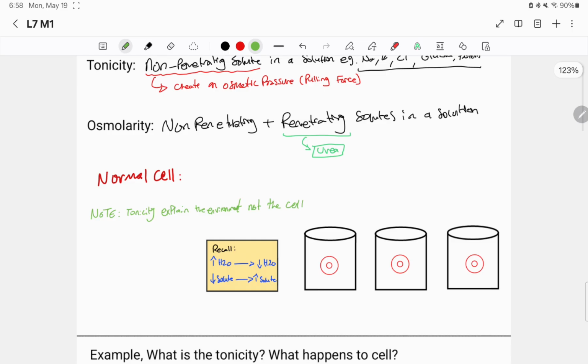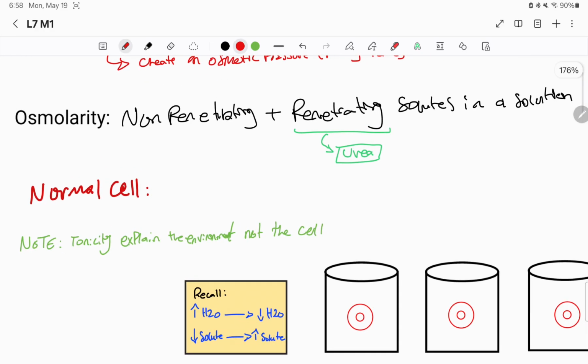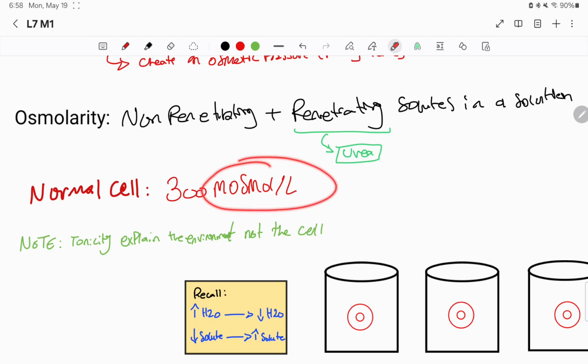Now, speaking of the cell, what is the normal tonicity of a cell, meaning the normal concentration of non-penetrating solutes? Well, the normal tonicity of a regular cell is around 300 milliosmoles per liter. Guys, we have to pause for a second and talk about what this unit of measurement is.